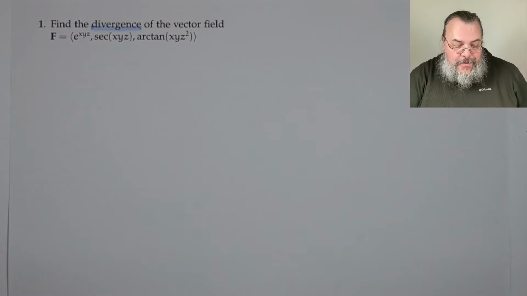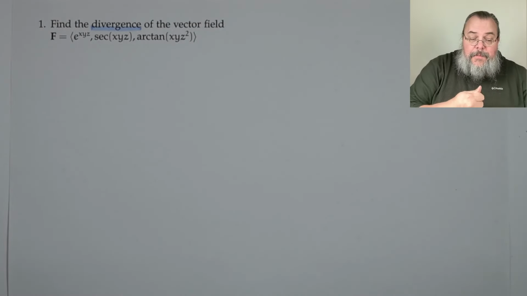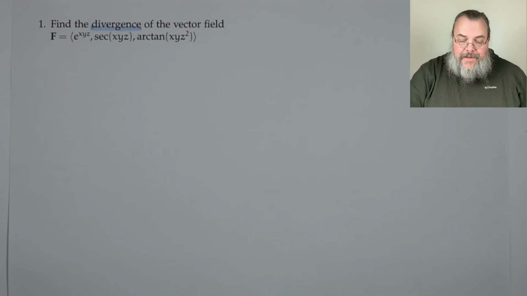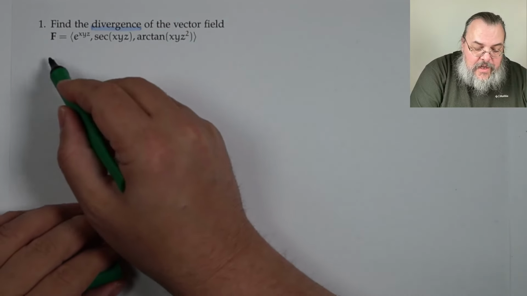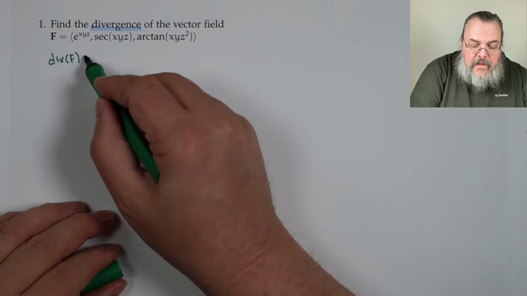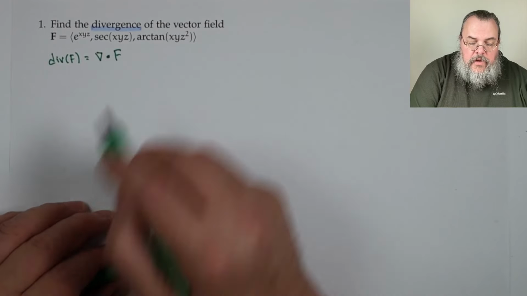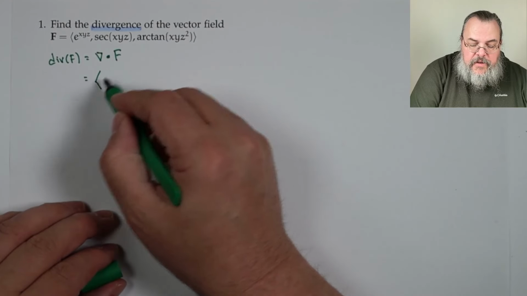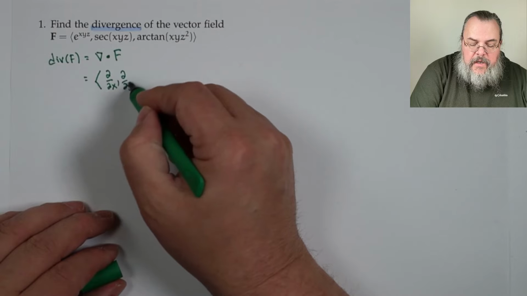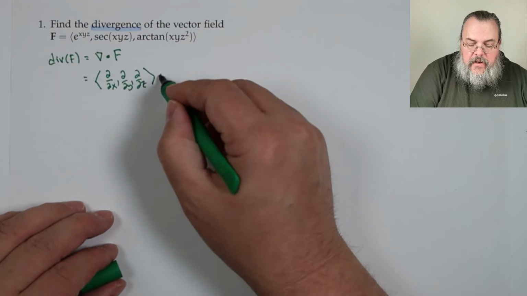Well, divergence, that's the one that involves the del operator combined with the dot product. So we would say divergence of f, that's our del dot f, and that means we're taking our partial derivatives, in this case, partial x, partial y, partial z, dot our function.